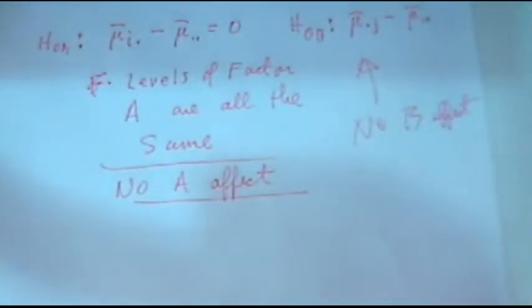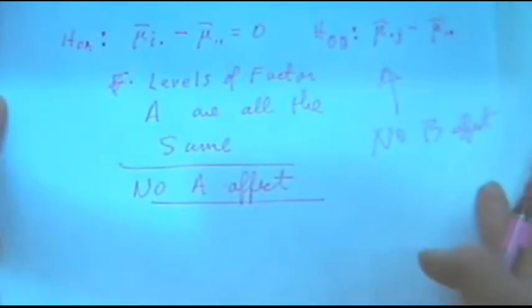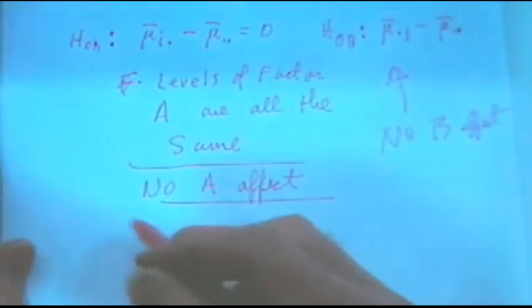There's the emission, and you take that would be your factor A. Different brands of motor, and B would be temperature, and then you're going to see how long it lasts. Okay.